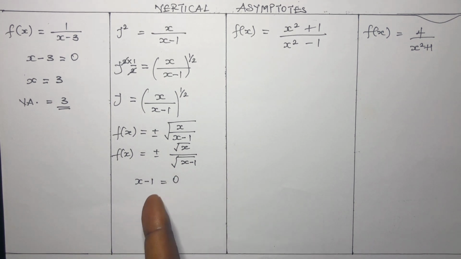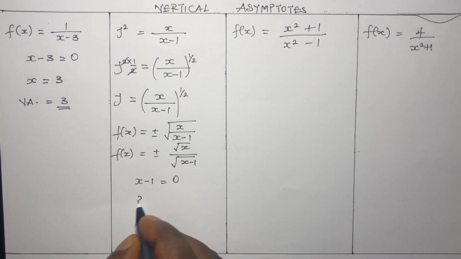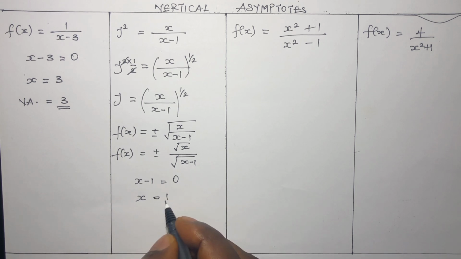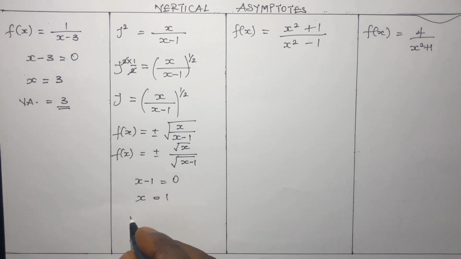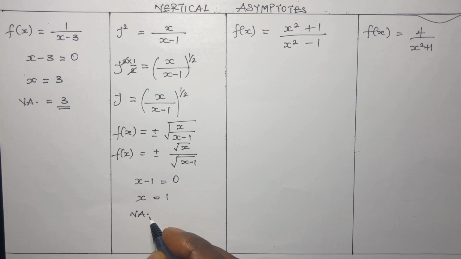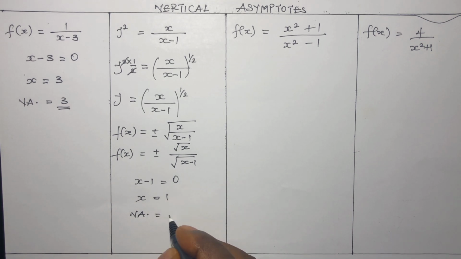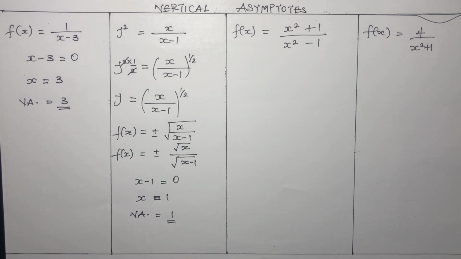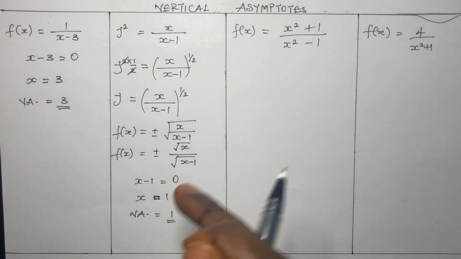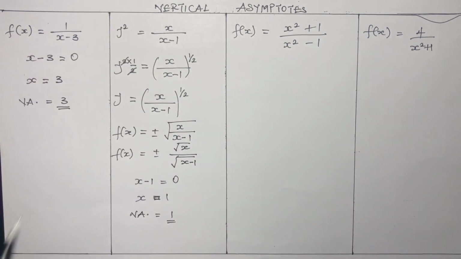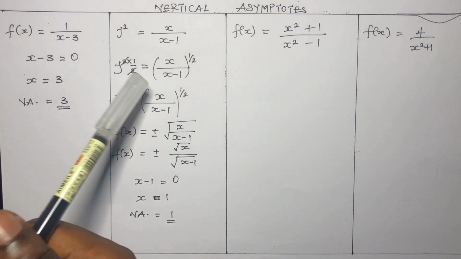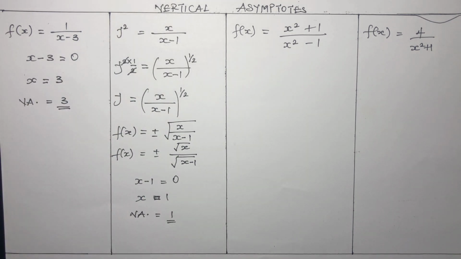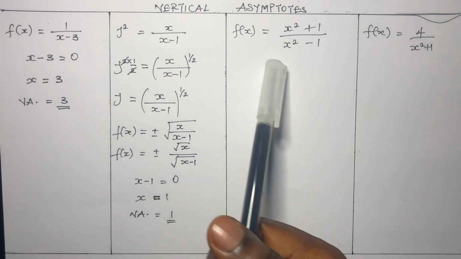And then if you add 1 to both sides, you have x equal to 1. So the vertical asymptote of this function will be positive 1. Right, so this is the vertical asymptote of this function, y squared equal to x over x minus 1. And then we move to the next function we have on our list.